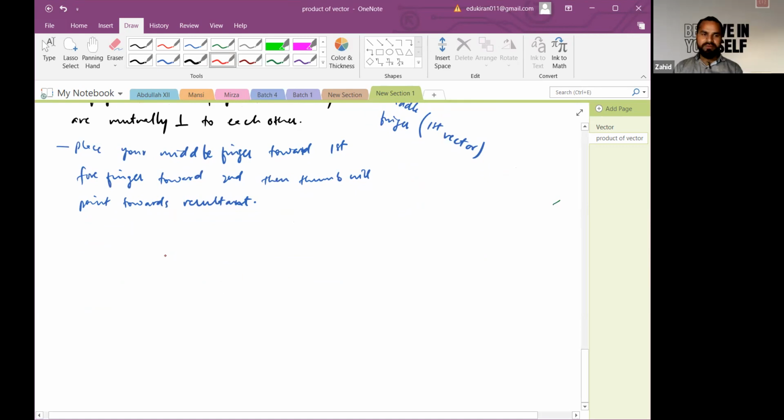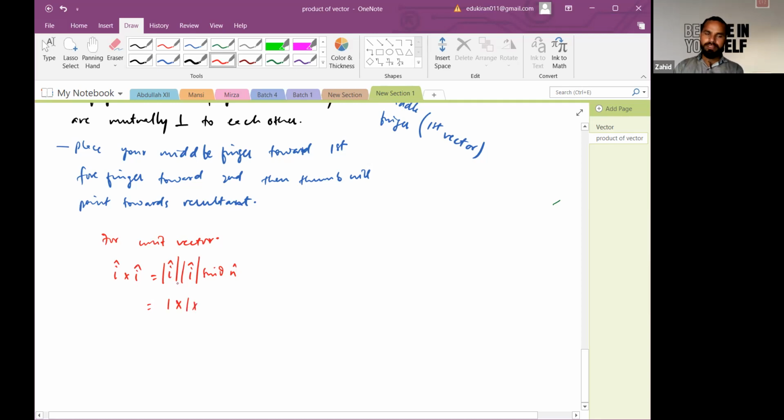Now, first we have to define it with respect to unit vectors. I cross I will be I mod times sine theta n cap. I is a unit vector, so it will be 1. I is another unit vector, so it will be 1.